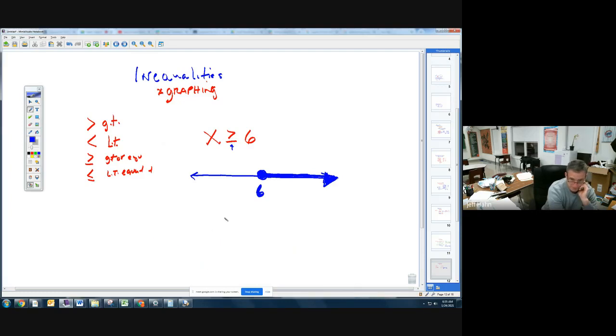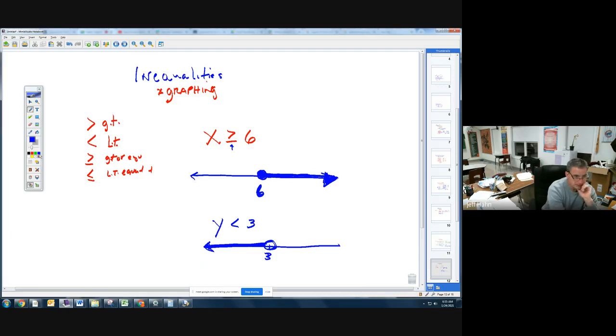Another example: what if it was y is less than 3? So here we go, here at 3, because there's no equal sign there, I just make an open circle, and the numbers that are less than 3 go this way, 2, 1, 0, all the way to infinity this way, and I darken in that little arrow there.